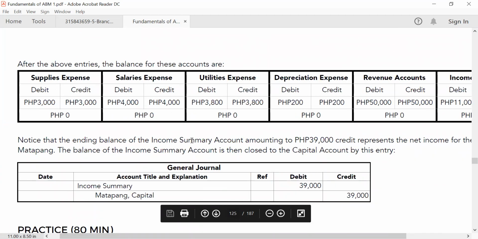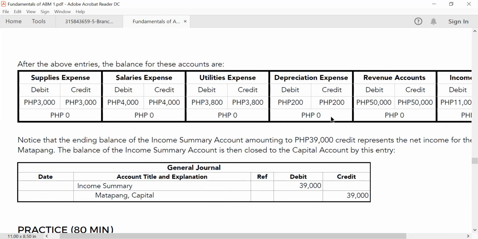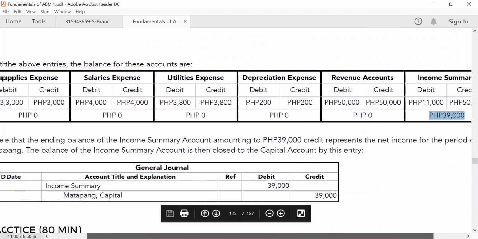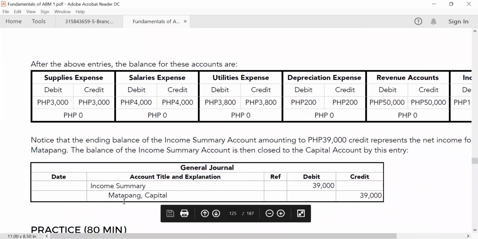Salaries expense brought to zero. Utilities, depreciation, revenue accounts, income summary will be the final record. Income summary will also be closed to capital accounts. Look, income summary is placed on debit while the capital account remains to be on credit.